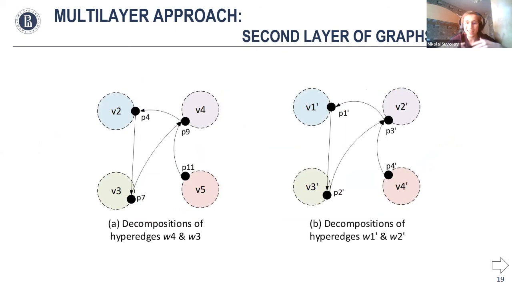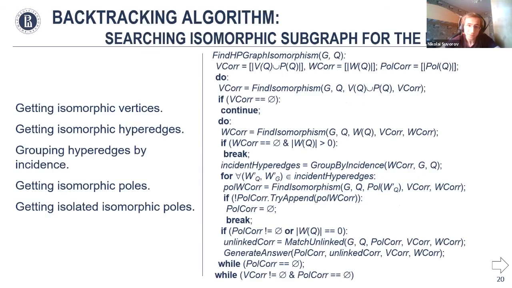So these hyperedges are decomposed and only their poles and links are taken into account in this step. If validation of a current candidate group succeeds, the algorithm moves to the next hyperedge group until all hyperedges of the pattern graph are traversed. If validation fails, the algorithm moves to the previous level and tries to find new combinations of vertices and hyperedges.